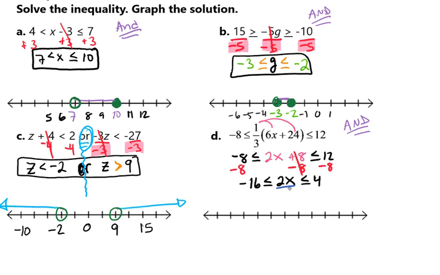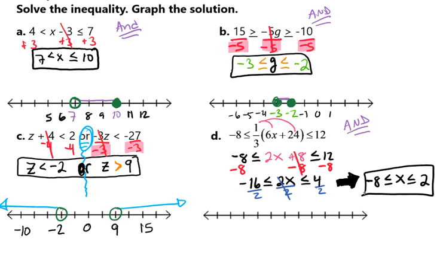Then we'll divide everything by 2. And that's going to give us negative 8 is less than or equal to x is less than or equal to 2. And now we're ready to graph that.